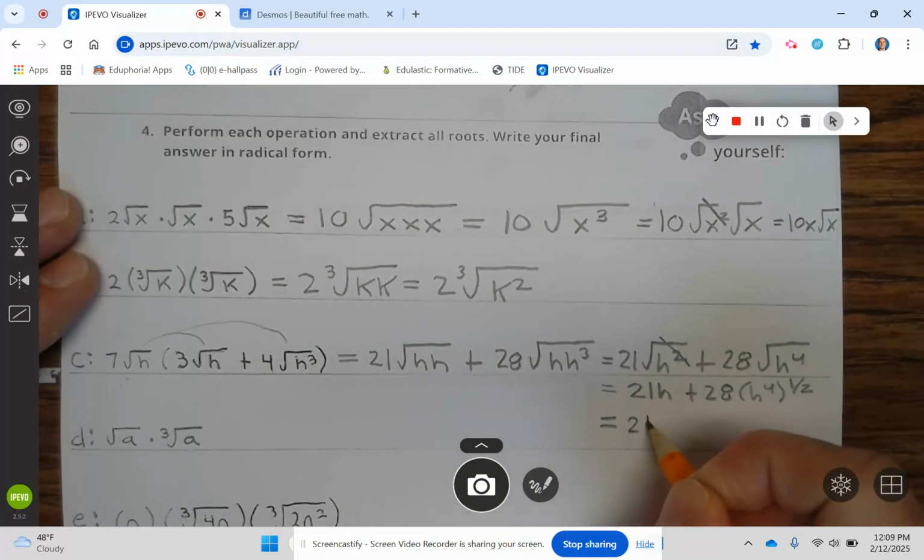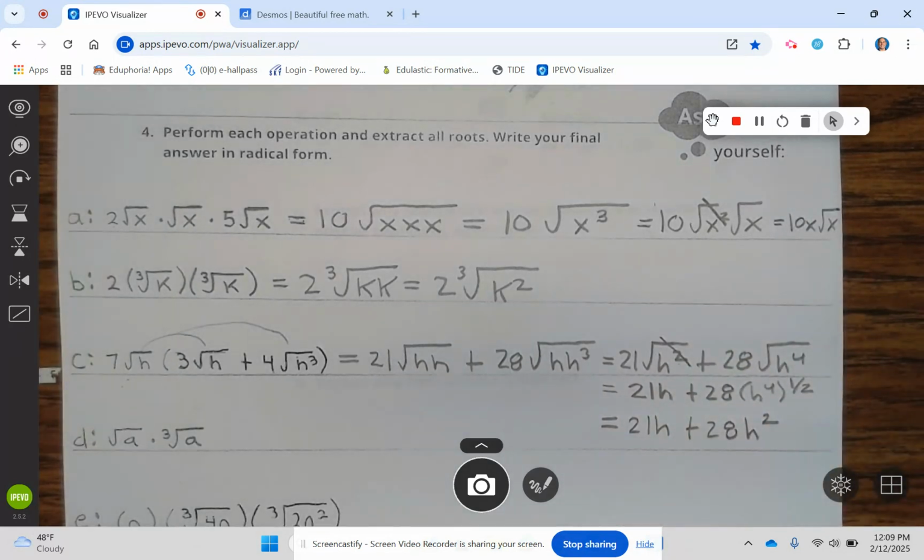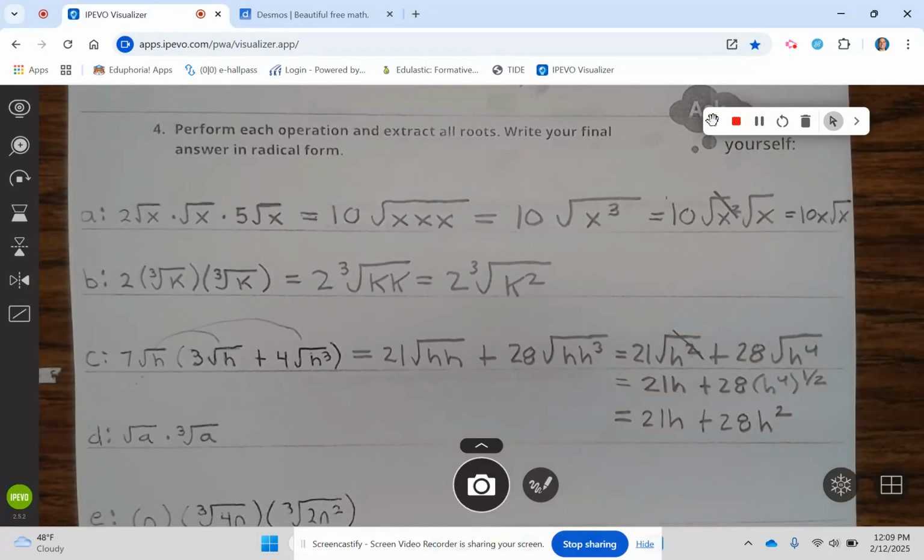So this equals 21h plus 28h squared. Alright, go ahead and finish up C.